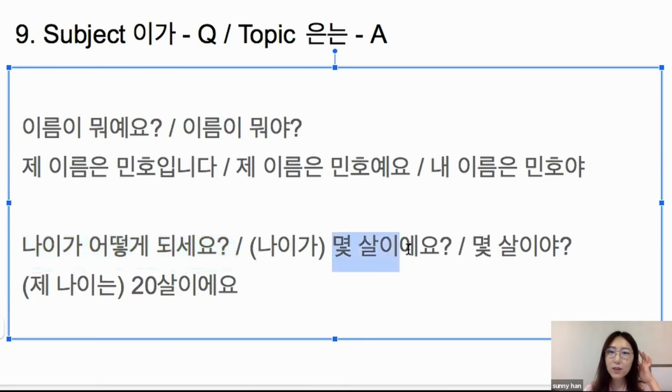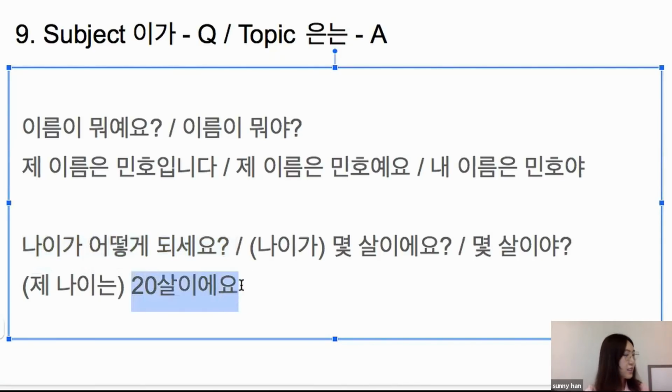We can say 몇 살이에요, which is fine, but we really don't ask too directly. Then you can answer: I am 20 years old.